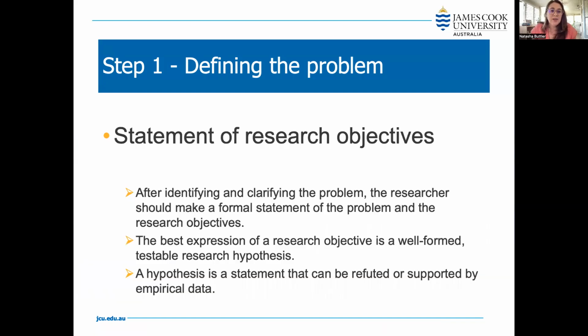So when we are looking at our statement of research objectives, we need to be very clear at identifying and clarifying the problem. And then we make a formal statement of the problem and the research objectives. This statement delineates the type of information that should be collected, and it provides a framework for the scope of the study.